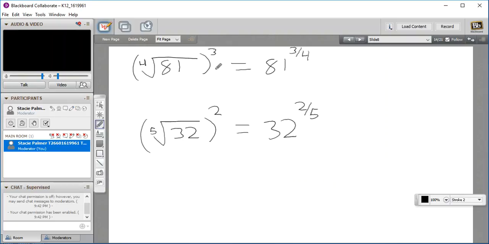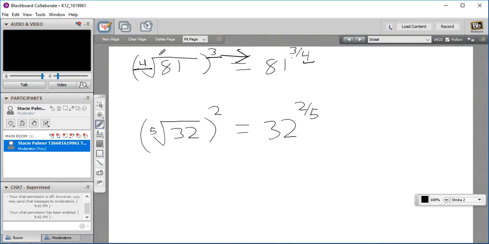Okay, now we are going to go the other way. So we're going to go from a radical expression to a rational expression. So notice that the root becomes the bottom of our fraction. The exponent becomes the top of our fraction.